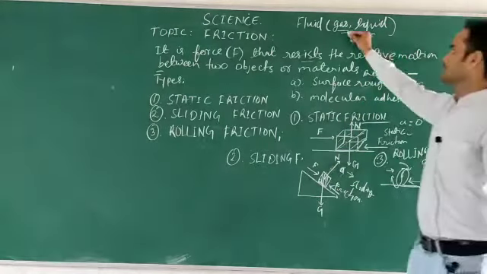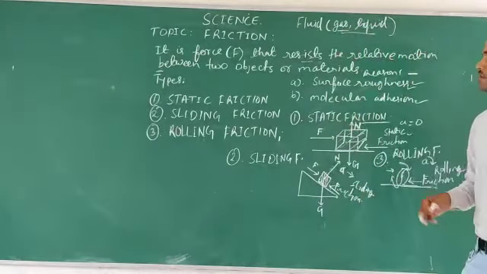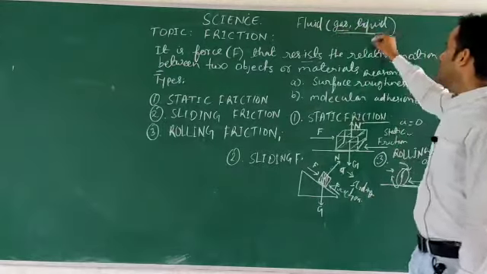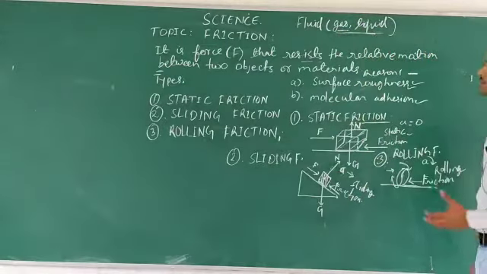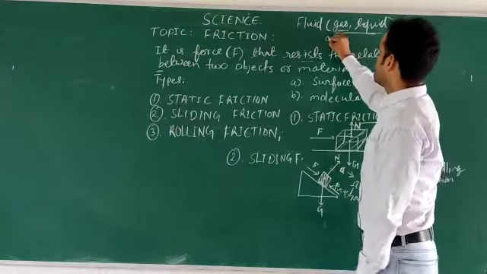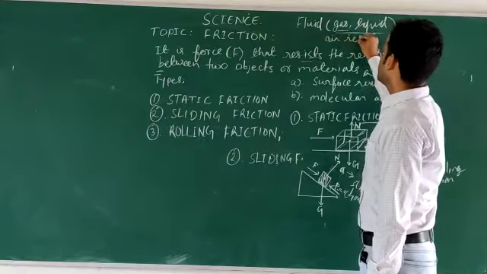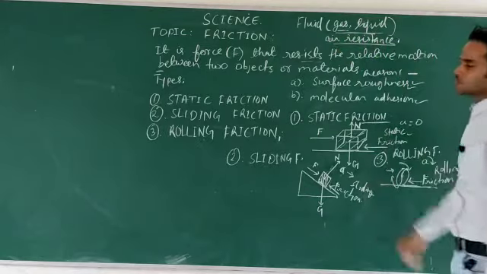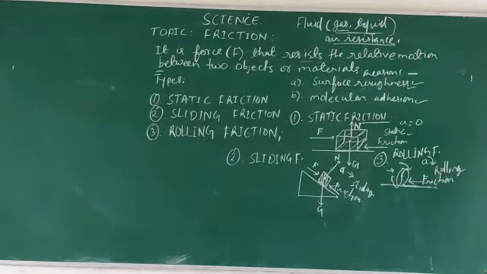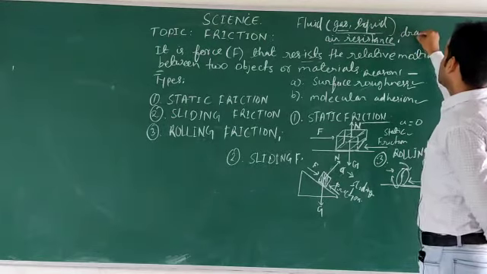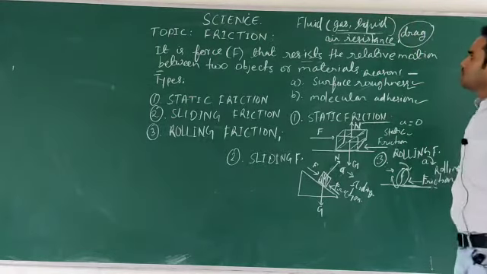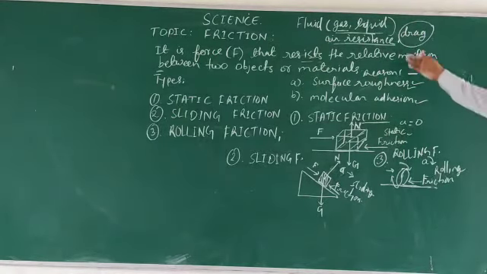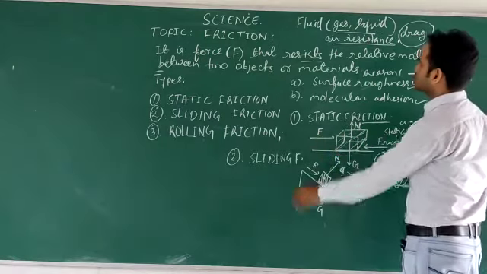In the case of gas, like air, the frictional force is known as air resistance. It is also known as drag force, D-R-A-G, drag force. And liquids also show frictional force.